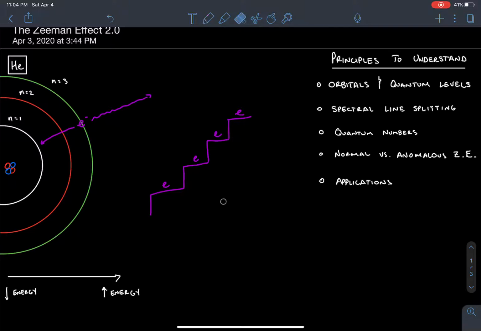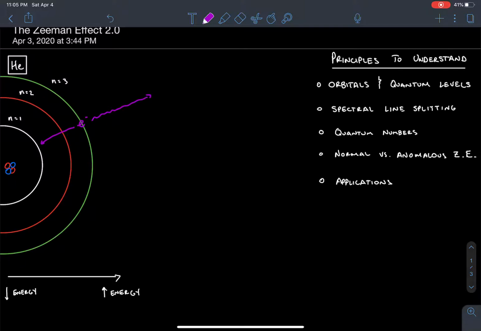So it's not like a curved line where the electron could be at anywhere along that given point, and it could change any time. It's actually very specific quantum levels that determine where the electron will be. So the reason I told you that is because you can use these spectral lines, these wavelengths of light that are emitted, as a way to identify different elements.